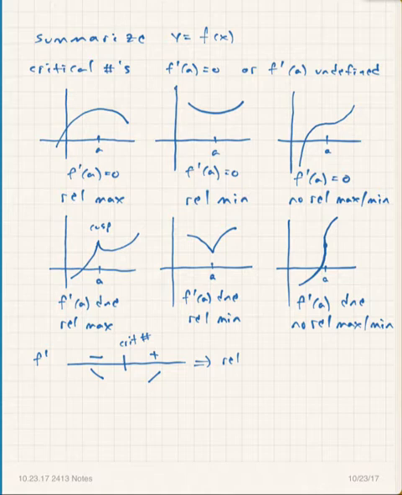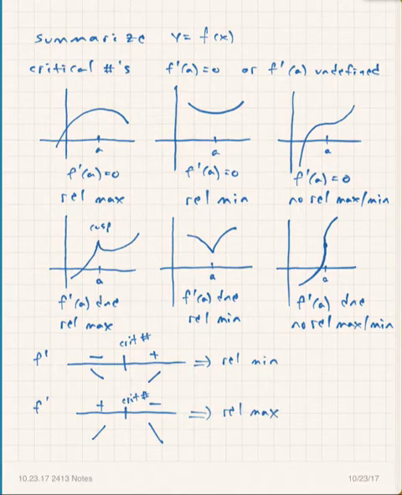Then you have a relative minimum. If, on the other hand, with f prime, you get this critical number here, and the derivative goes from positive to negative, then the function goes from rising to falling, and then you get a relative maximum.